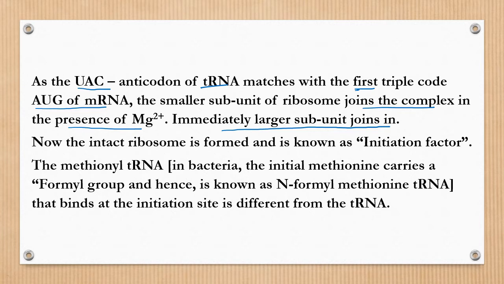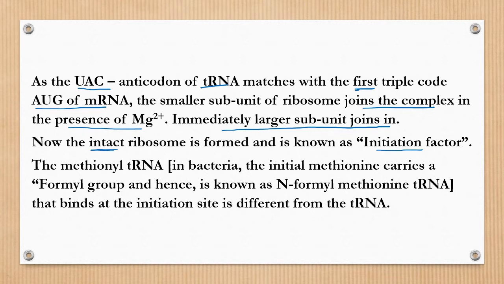Immediately later, a large subunit joins in. Now the intact ribosome is formed, that means an associated, non-separated ribosome, and this is known as the initiation complex.